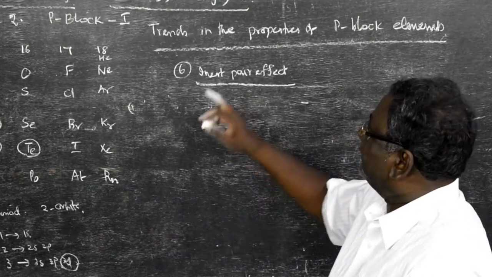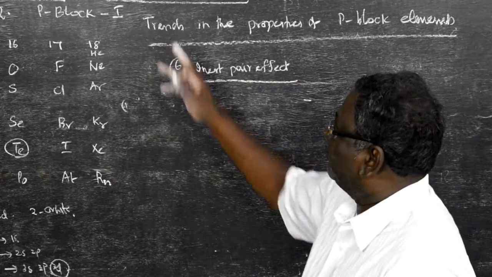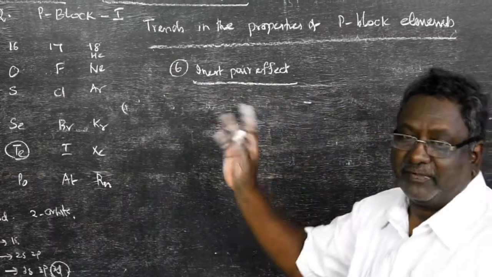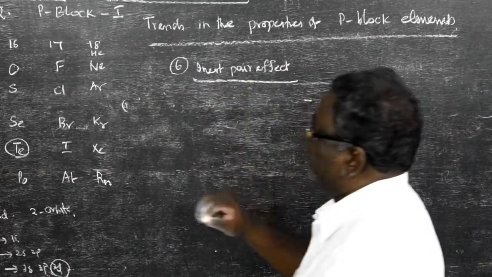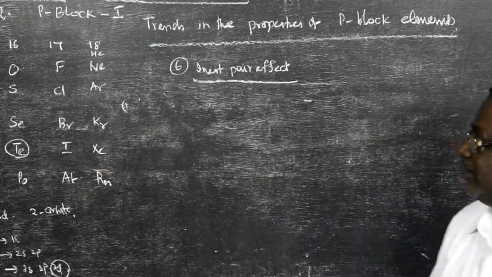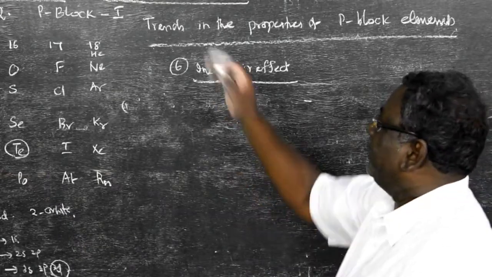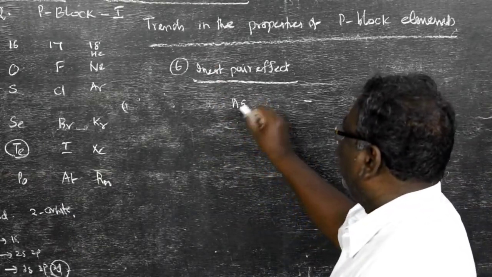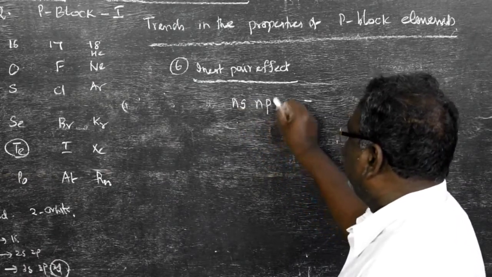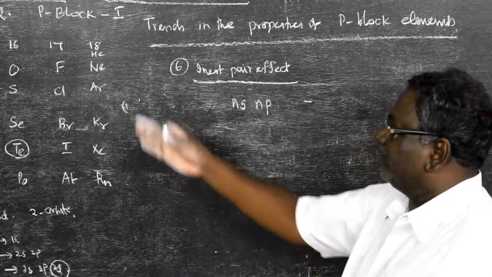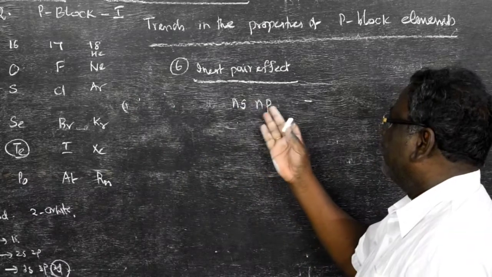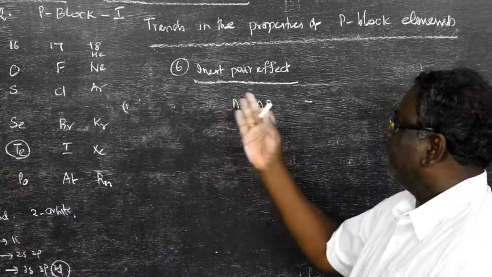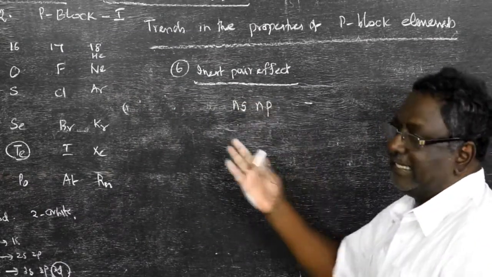The sixth property in which we are studying the trend is the inert pair effect. This inert pair effect is a very important factor. You must know what it is, right? In the p block, in the outermost shell, we have ns electrons and np electrons. The 13th group will be s2 p1, then s2 p2, s2 p3, like that.